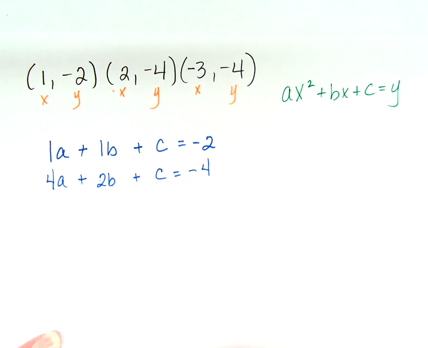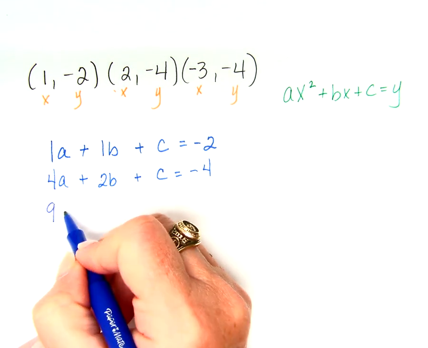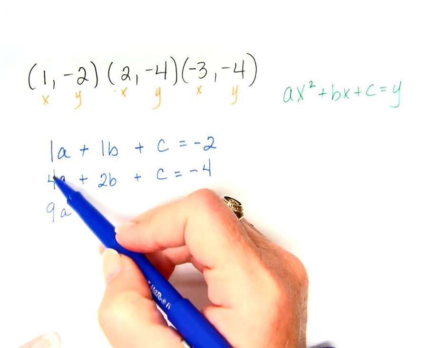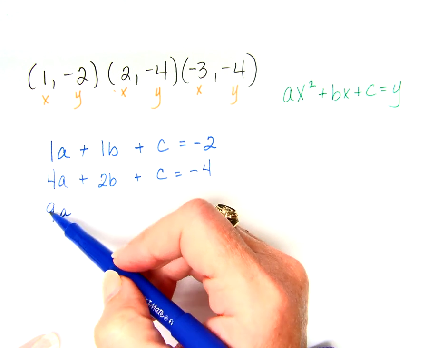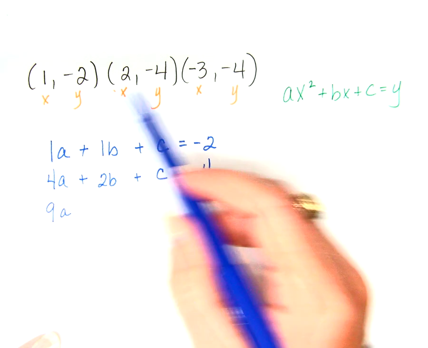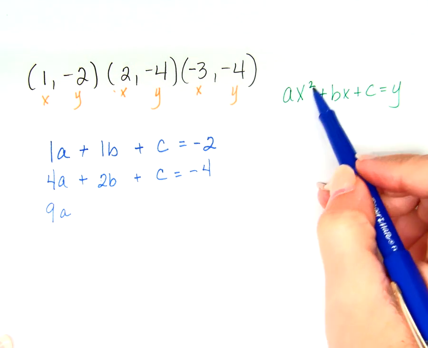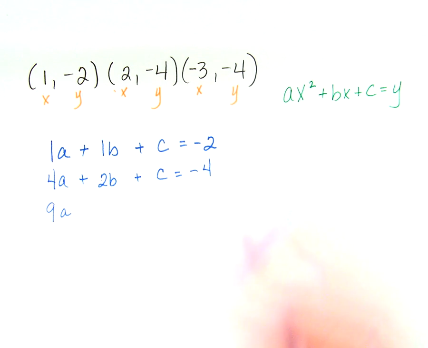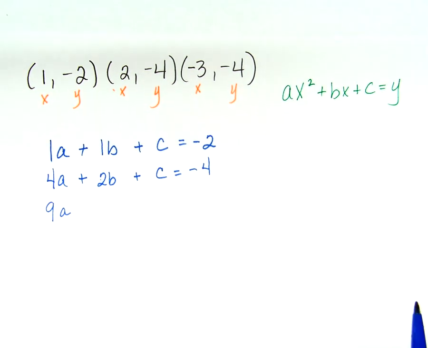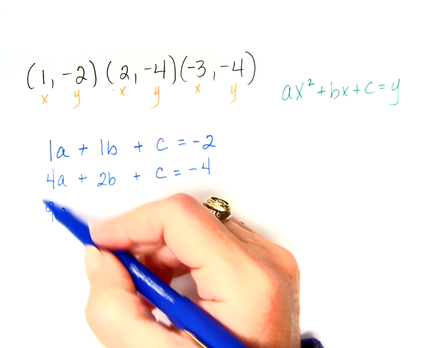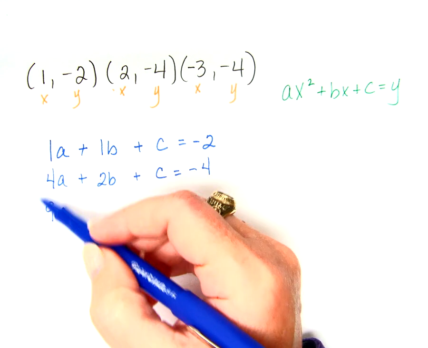What is negative 3 times negative 3? 9, right? 9a. Guys, is this number right here ever going to be negative when we're writing an equation of a quadratic from 3 points? It will never be negative. Why? What am I doing with the x? Squaring it. Will I ever square a number and get a negative? No. This first number will always be positive.